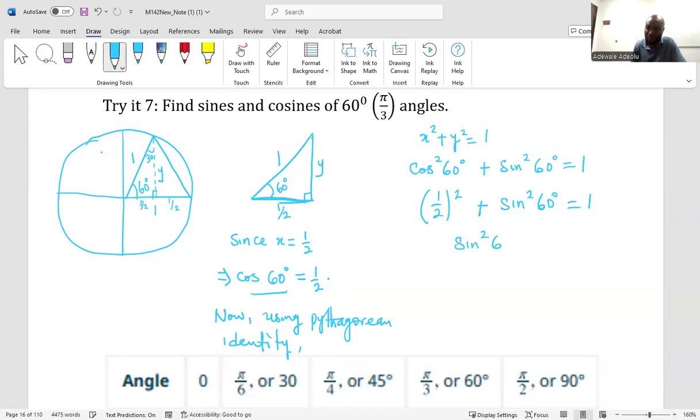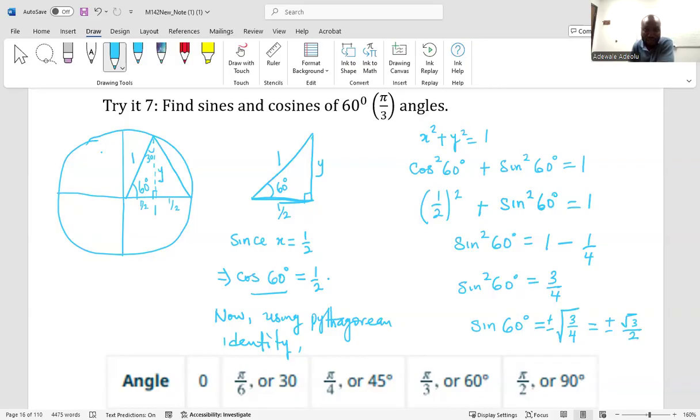Therefore, sine squared of 60 degrees equals 1 minus 1 over 4, taking the square of 1 and 2. So this is 3 over 4, sine squared of 60. Now to find sine of 60, we need to square root both sides, so that sine of 60 degrees equals plus or minus root of 3 over 4, and again, we have plus or minus root 3 over 2.